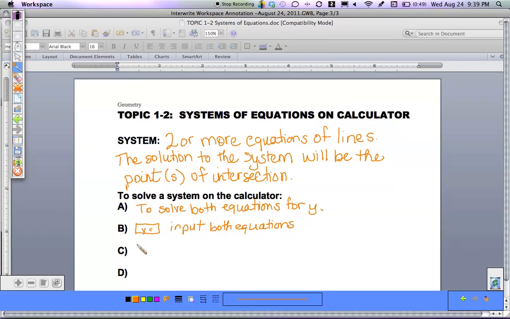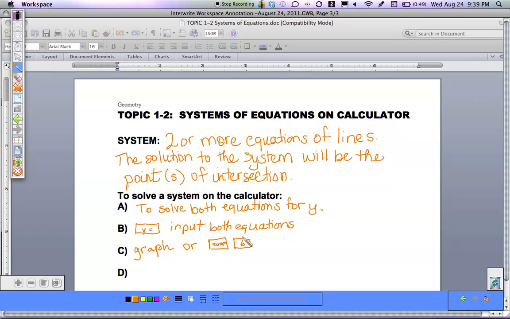Now, sometimes pressing the graph button is good enough, but sometimes our window is messed up, and if you can't see where those two lines cross, you may have to change your window by using zoom. And if you'll remember, the option that we want to choose is 6, which stands for the standard window.